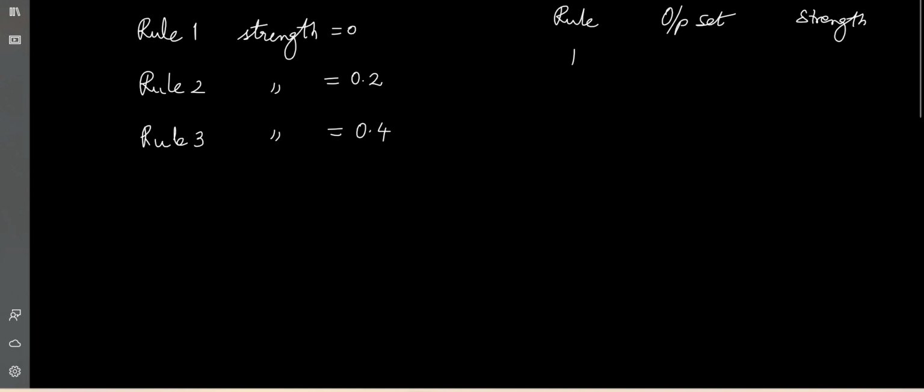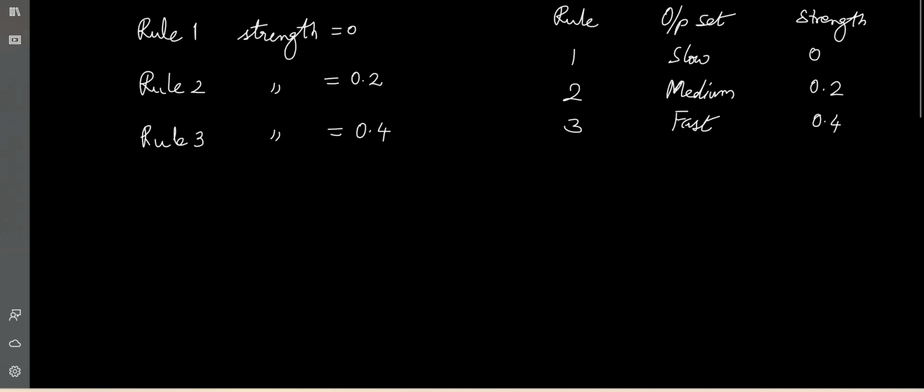Rule 1, fan speed is slow when it's cold, its strength is 0. Rule 2, fan speed is medium when temperature is warm, its strength is 0.2. And rule 3, fan speed is fast when it is hot, its strength is 0.4. So we have mapped these rule strengths with the output set.